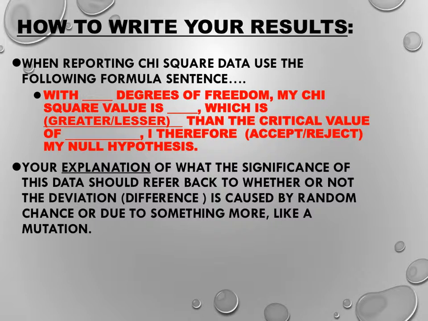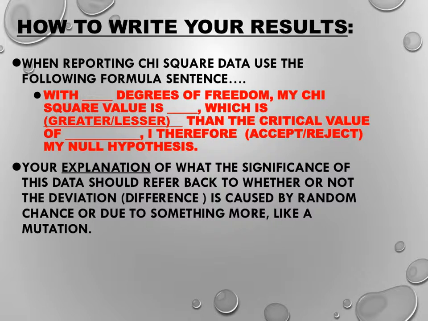So 7.8, 3.6, 12.79, whatever. Therefore, I would either accept or reject my null hypothesis, and you choose accept or reject based on whether it is bigger than your critical value or smaller than your critical value. So again, you need to always state how many degrees of freedom.